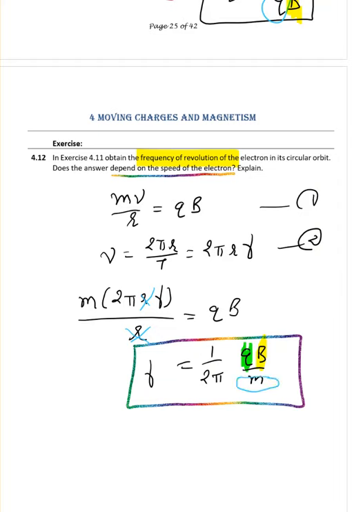And this is the reason why we cannot accelerate a very lightweight particle in a cyclotron, because if mass is very less, the frequency will be very high, and if frequency is very high, we'll have to design a source which can change its polarity at a very high rate, which is very difficult to design. So this is one of the limitations of the cyclotron. So for this problem, just substitute the values and you will be able to find out the frequency. Thank you.